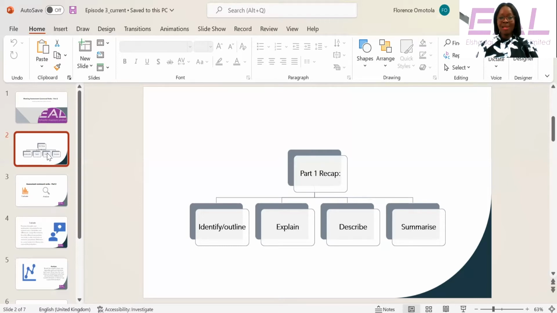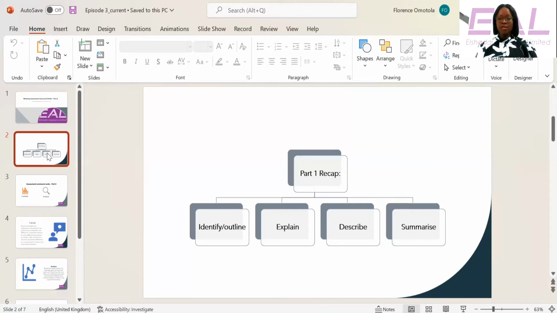Describe is just slightly different from explaining. It means that you're providing detailed information in a logical way, so that when somebody comes across the picture of what you have described, they can easily identify it and say, okay, this is what was described.